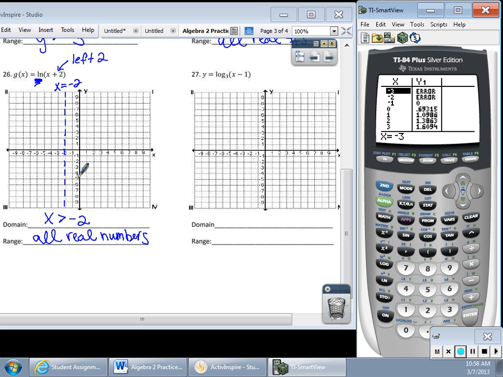0.69, negative 1, 0. There we go. 0.69 right here, and I should be labeling these points, and I will. And then 1 comma 1.09, which is going to be around right there. So we'll label this guy right here. Negative 1 comma 0, excuse me.